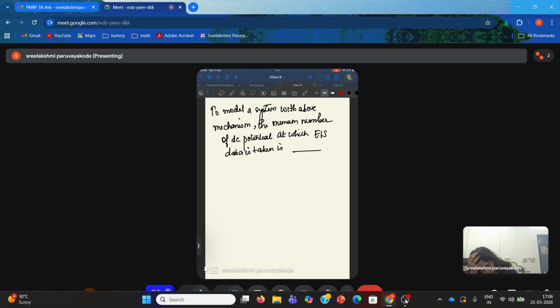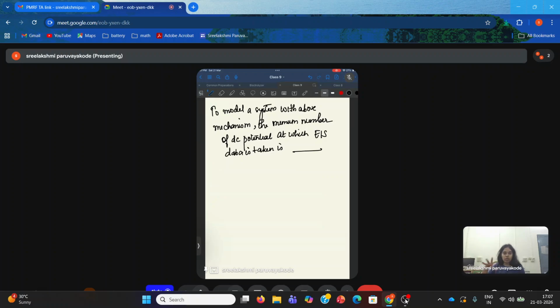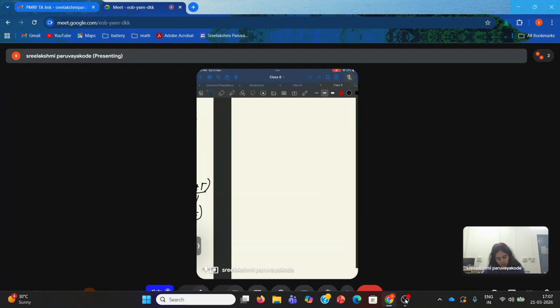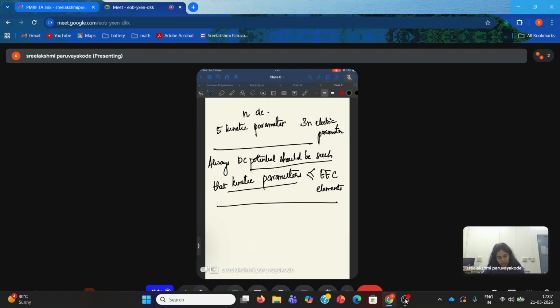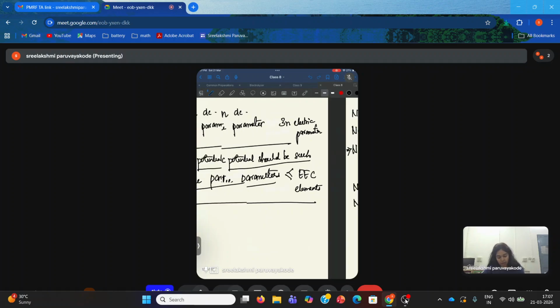In the last class, we saw that if we have to model the same system, how many DC potentials are required at which the impedance needs to be taken so that it can be modeled. The number of DC potentials should be such that the kinetic parameters we get will be lower than or equal to the electric parameters.